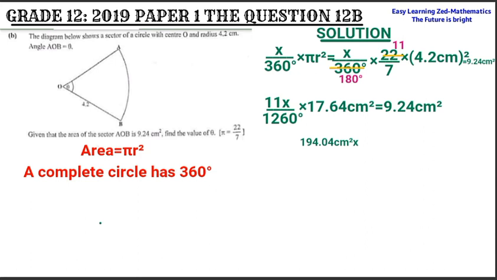Once I've done that, I'm going to say over 1260 degrees, which will be equal to 9.24 centimeter squared.